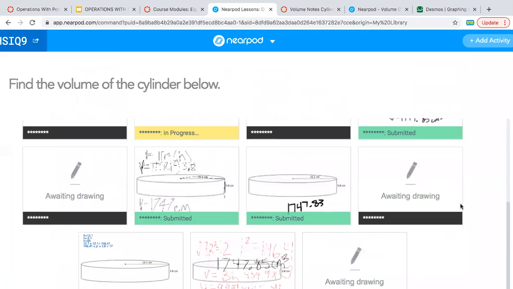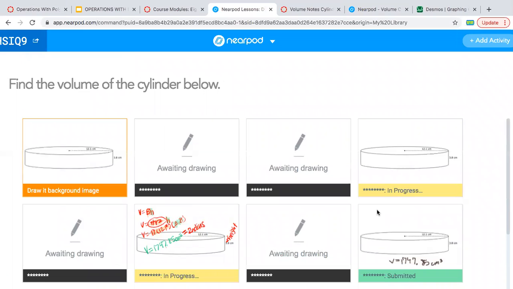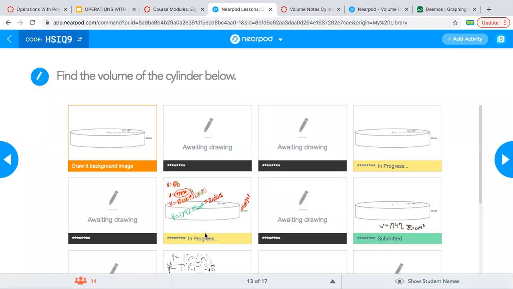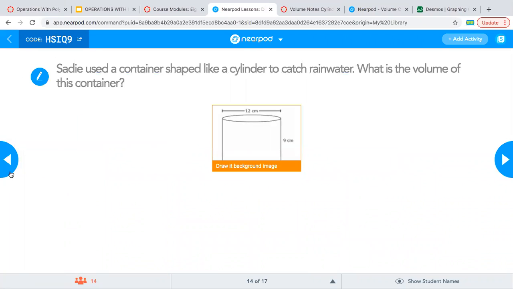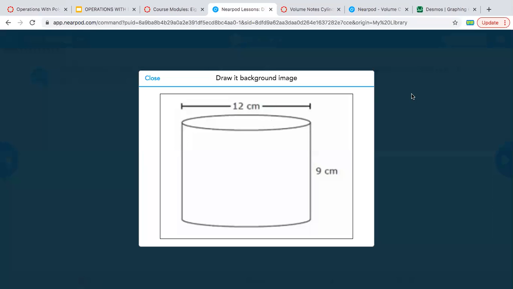This one, I'm gonna ask everyone to do, so I can see if we all got it. So everyone, I'm gonna give you about 2 minutes. Try this one on your own. But I'll say something real quick. What does 12 represent? The diameter. So then what is the radius? 6. Perfect.